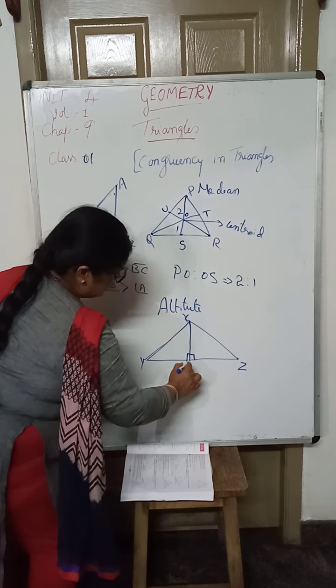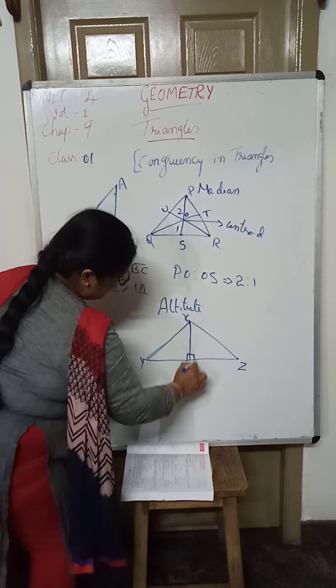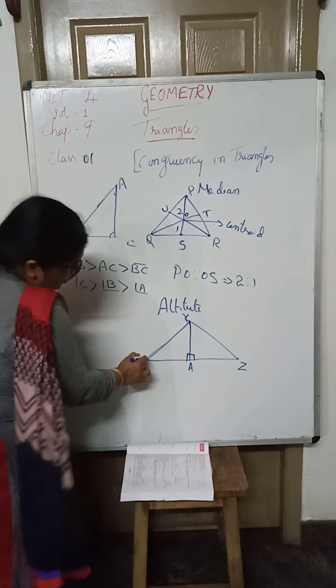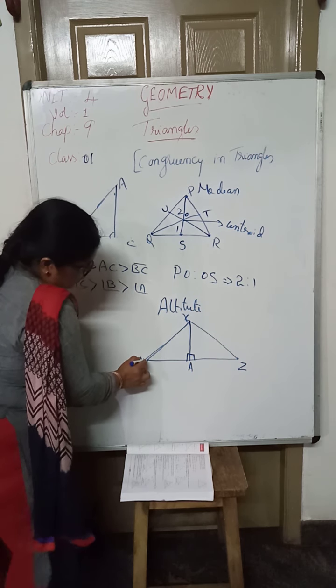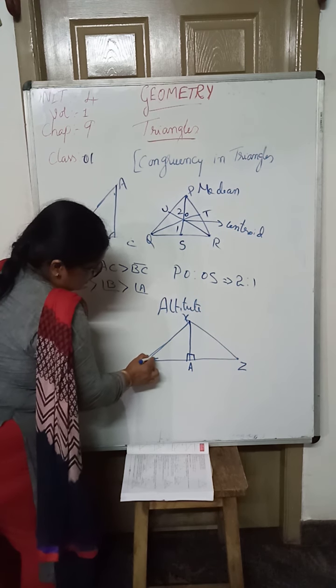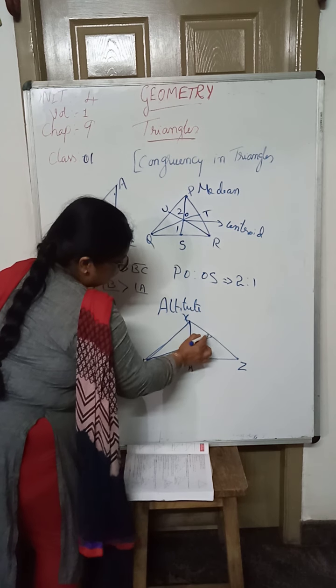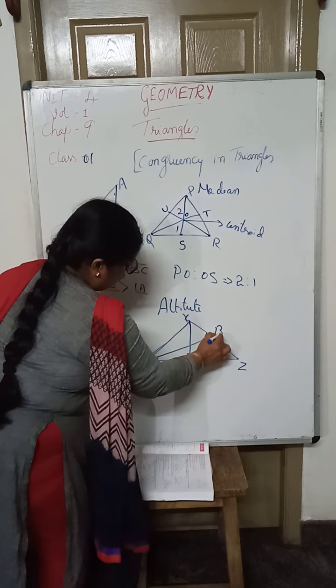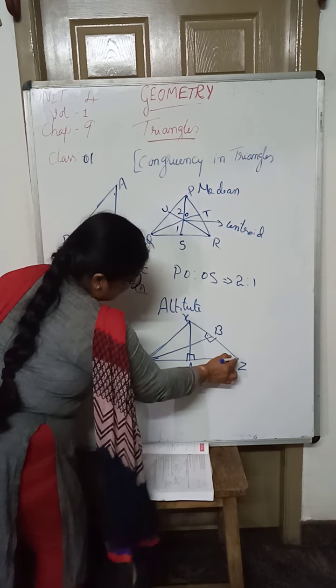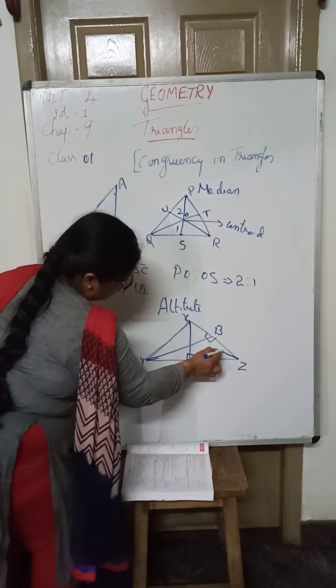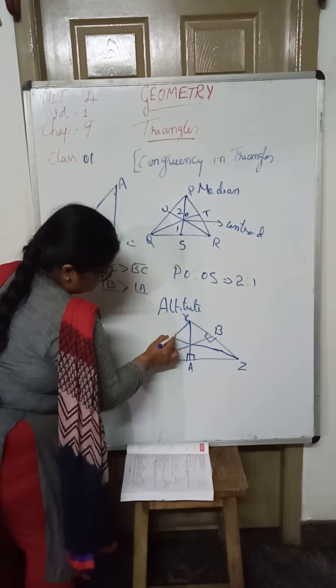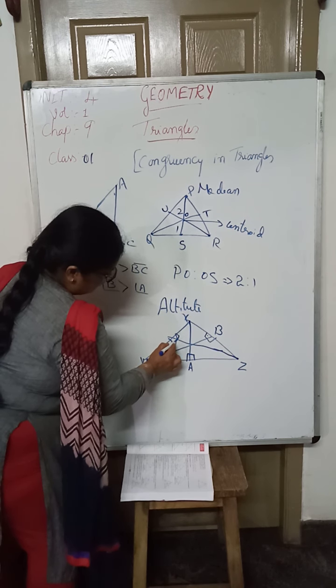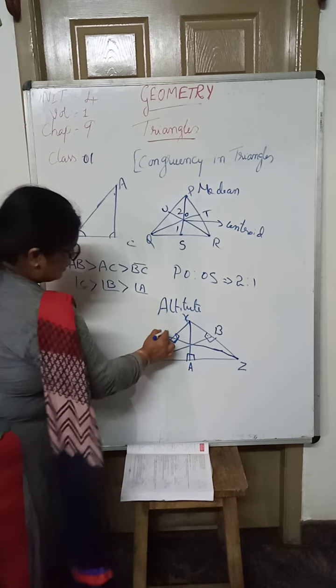Let me call the foot A. XA is one altitude. If I draw an altitude from Y, it reaches the opposite side and gives you 90 degrees. Call it YB. And from Z also you can have an altitude. Call it C.